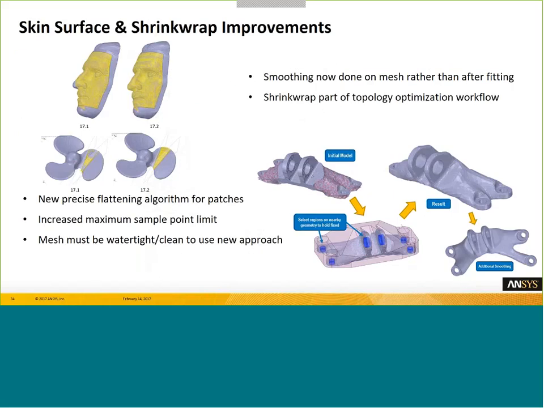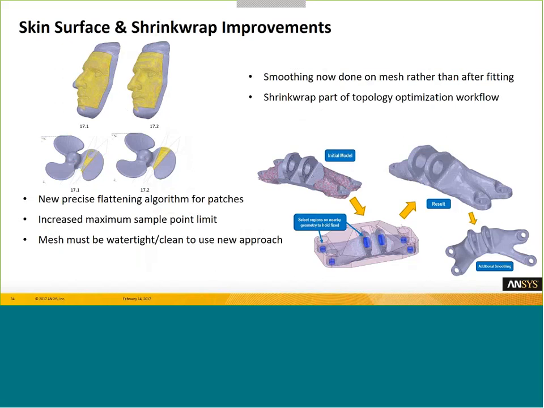Also in SpaceClaim has been the expansion of the skin and shrink wrap. This is generally for dealing with STL type files, so there's much more control around creating patches, control of sample points for these patches, and then producing a usable geometry from an STL file as an import.